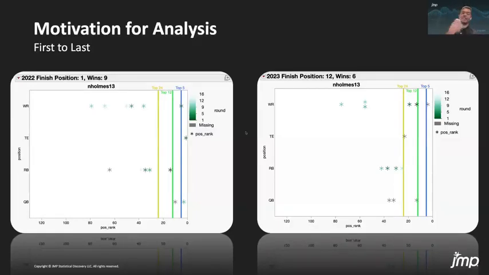Looking at the scatter plot on the left, I see that I had a top tight end and a top quarterback, whereas in the league that I finished last, I did not have either of those two positions as a top 5 position. However, I did have better wide receivers. So looking at these two plots, I can't really tell exactly what caused me to have success in one year versus another. So that is sort of the inspiration for my analysis.